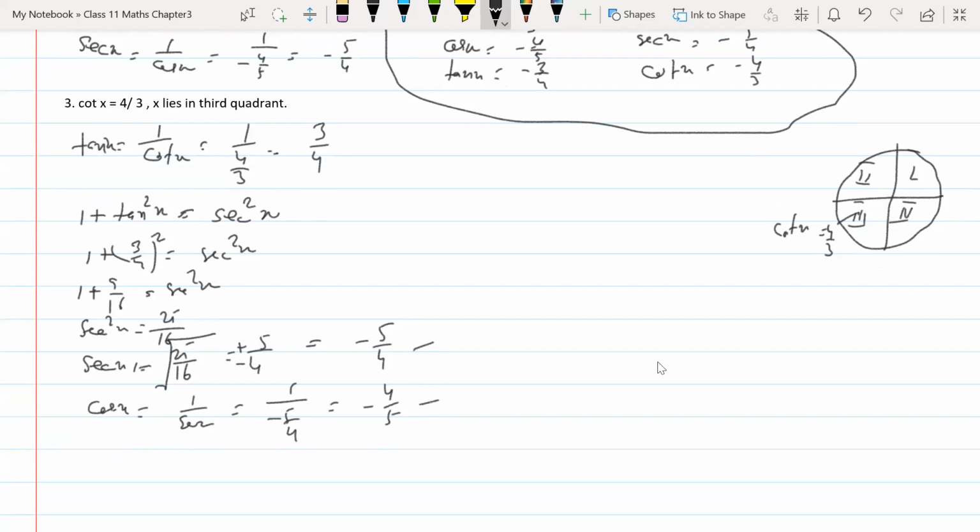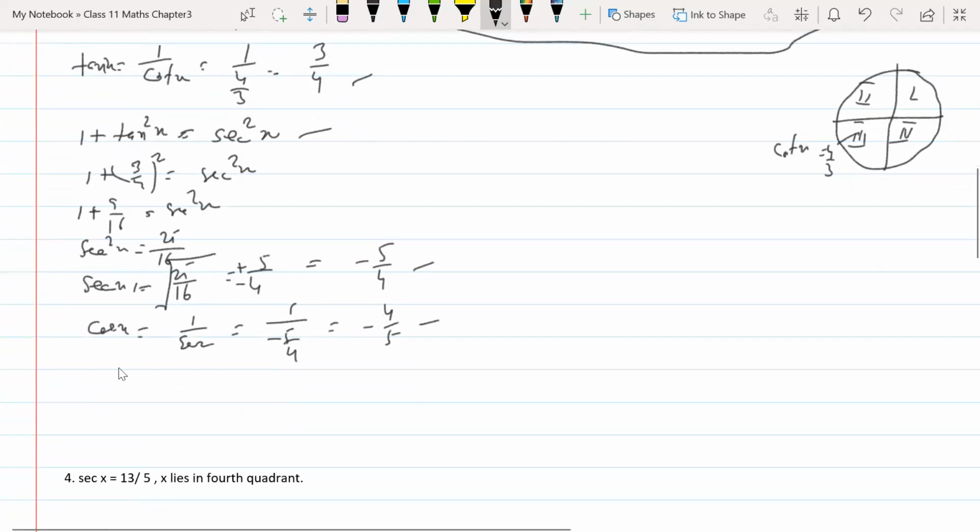Secant, cosecant, tangent, cotangent. If you have tangent and cos, then you can calculate sin x. If you have cos, then also you can calculate sin x with the formula tangent x is equal to sin x divided by cos x.